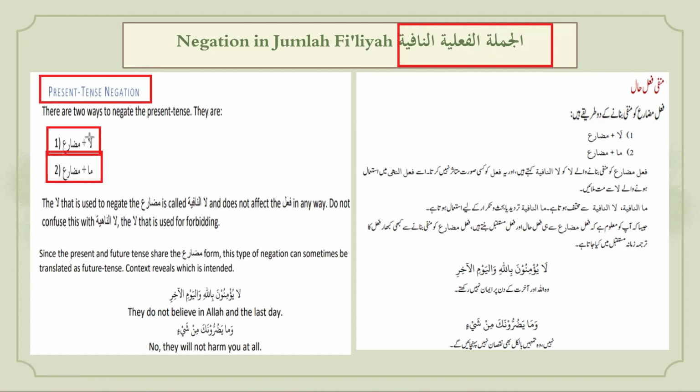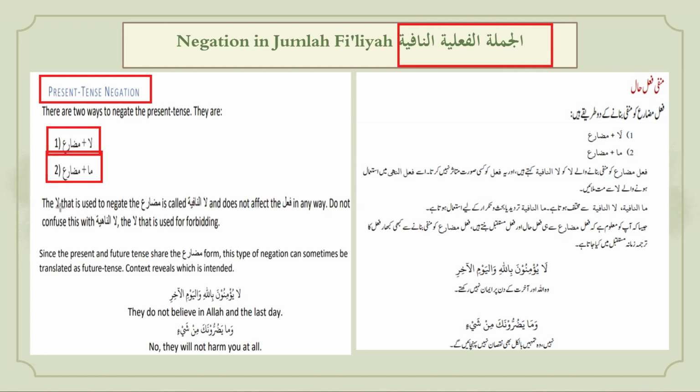Over here, this la is la nafiya. This la is not la nahiya, because when la nahiya comes, that la nahiya makes the fi'l mudare lightest. But over here, the la of negation, or la nafiya, is the one which is followed by the regular form of fi'l mudare. The regular form, not the lightest or light form: yansuru, tansuru, ansuru, nansuru, or the fi'l mudare that end in noon.